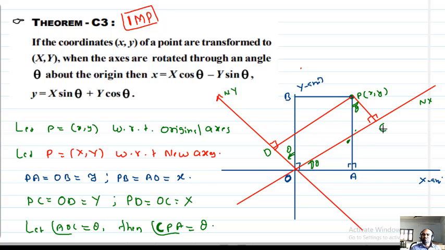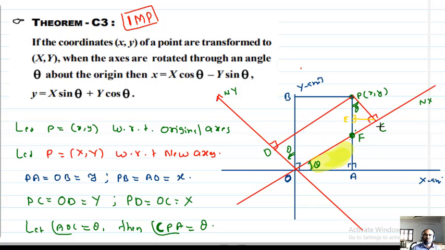Next, from C, draw perpendicular on this. A, B, C, D completed. Let it be E. Already a theta. I will write in the next page. From triangle AOAF, that is not correct.